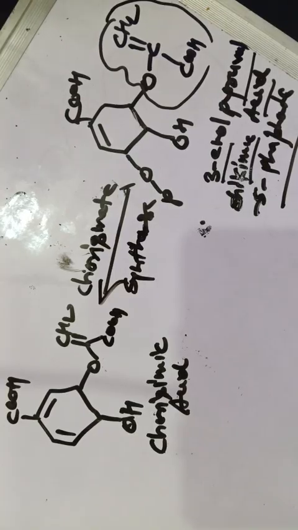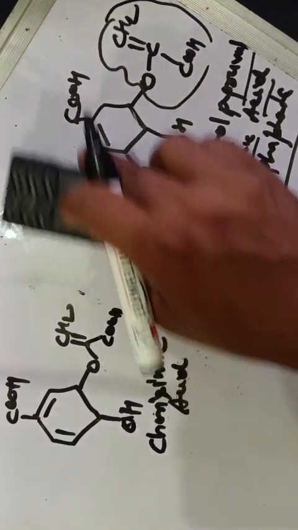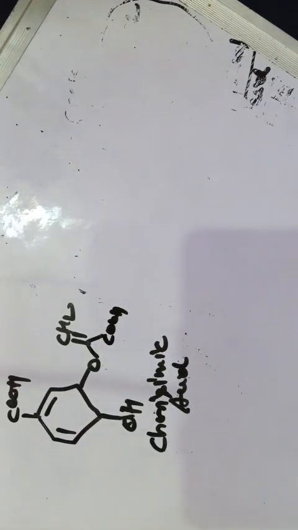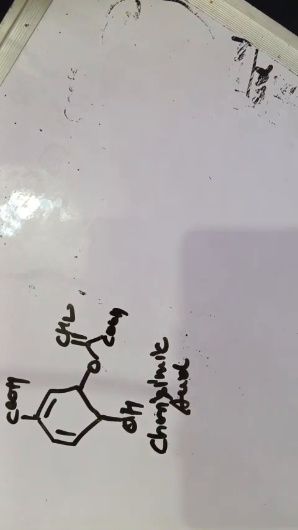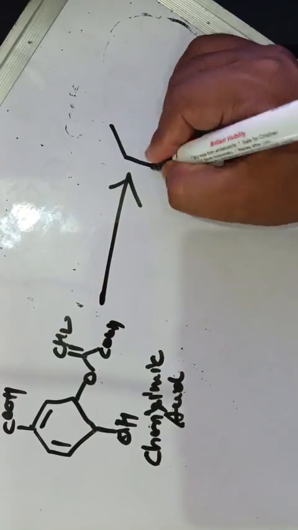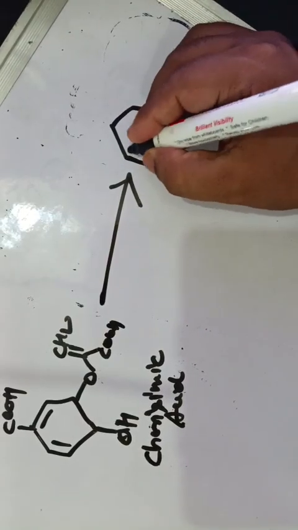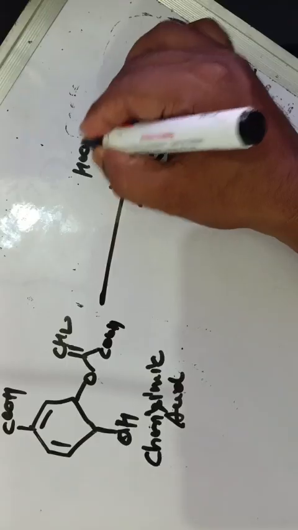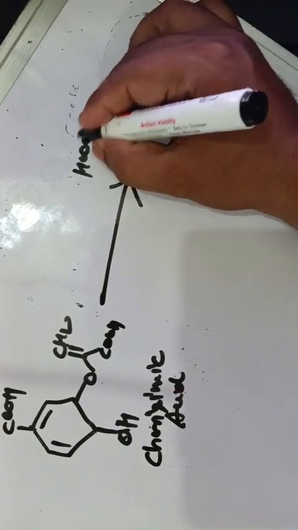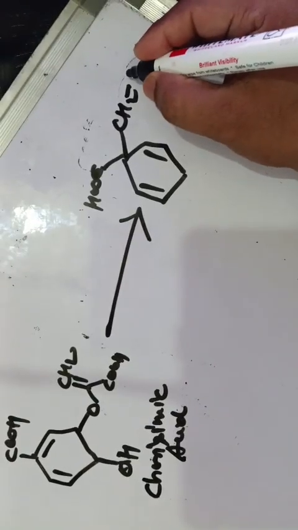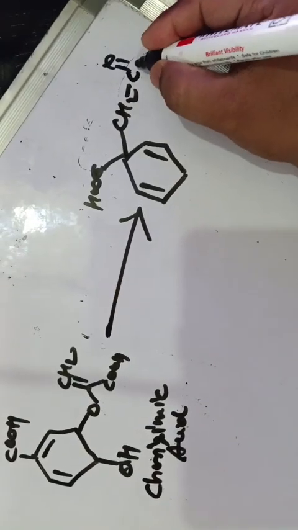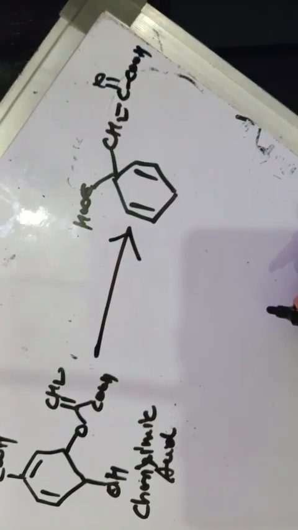And from this chorismic acid, another compound is formed, that is prephenic acid. This is the structure of prephenic acid: HOOC, CH2, C double bond O, COOH.